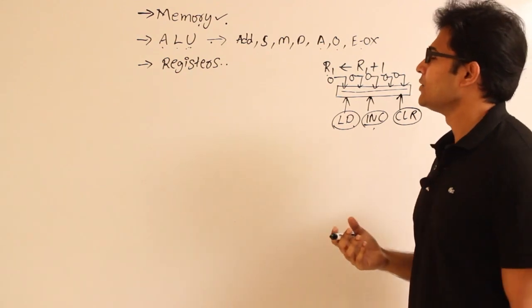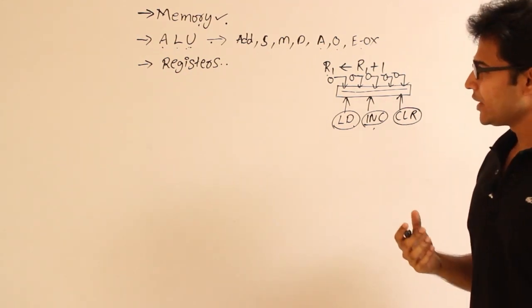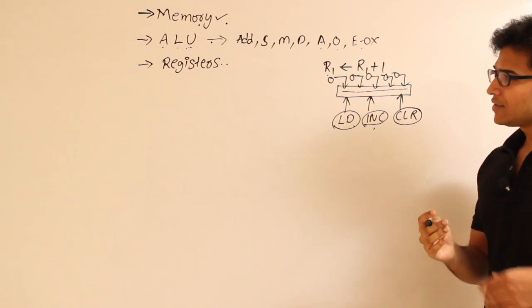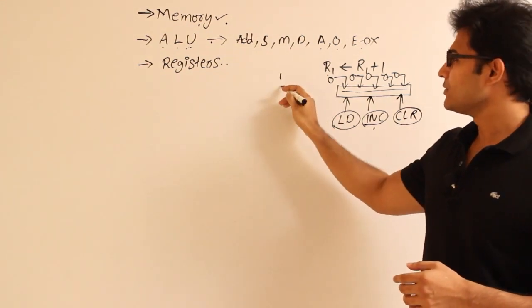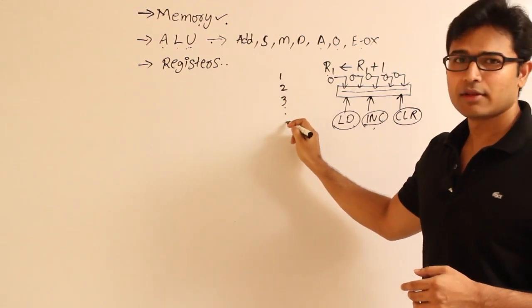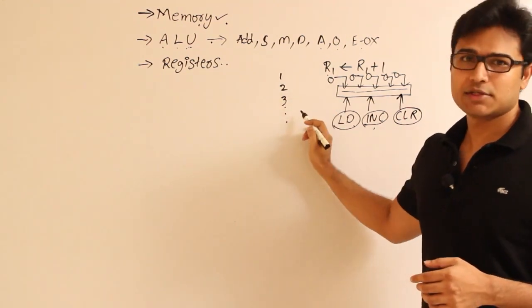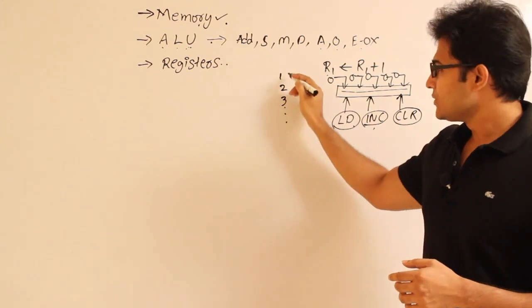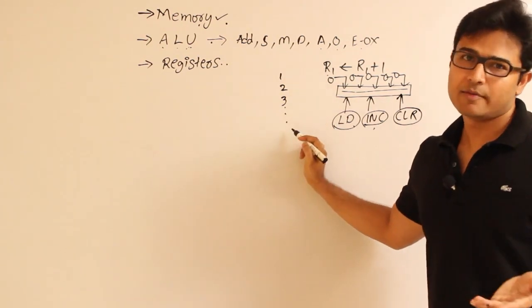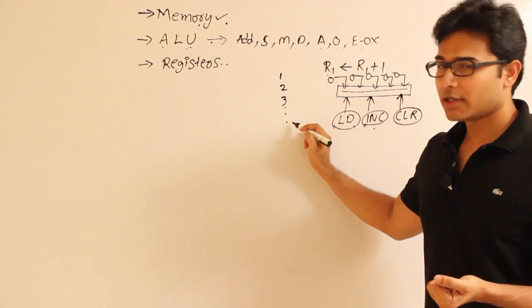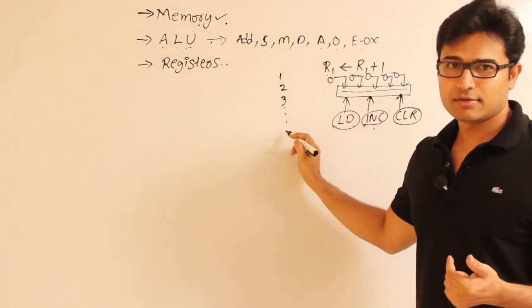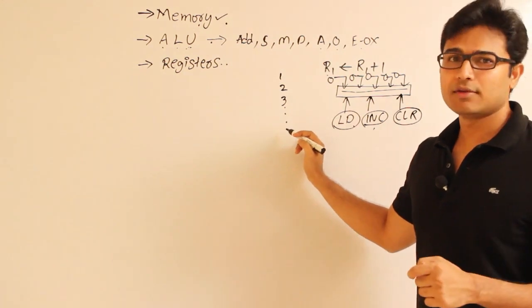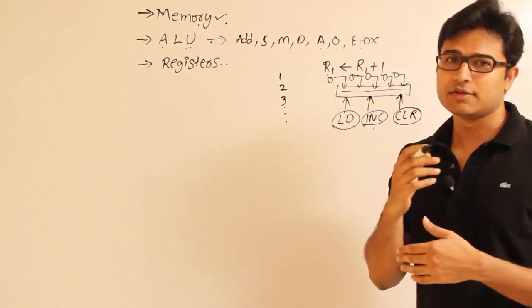What do I need in order to execute the instructions? Now if you look at the instructions, we have a sequence in which the instructions have to be executed. First instruction 1, instruction 2, instruction 3, and so on. Unless there is a branch statement, you have to execute all the instructions in a sequential manner. Got it? One after the other. And moreover, while you execute an instruction, it is not just execution. There are various phases in the instruction cycle.